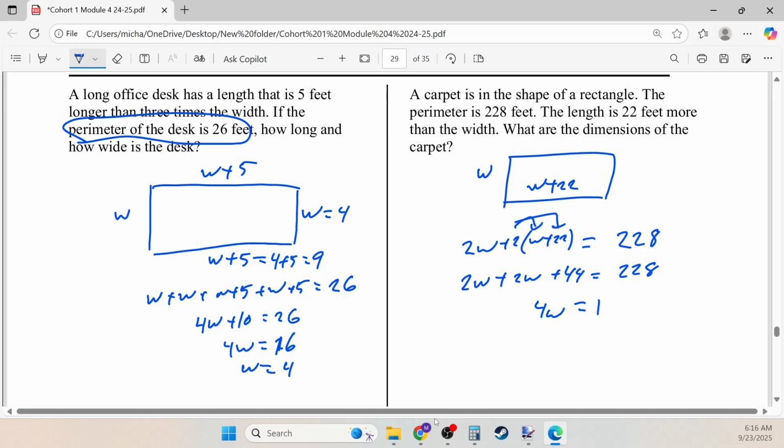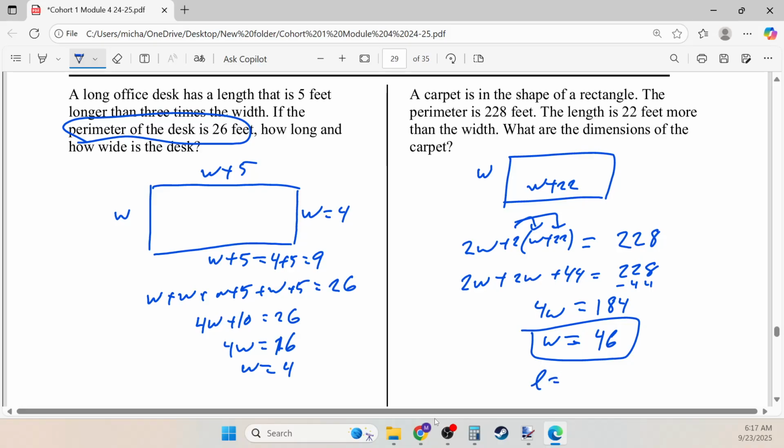We get 4W equals 184. 4 goes into 18 4 times with 2 as the remainder. 4 goes into 24 6 times with no remainder. Width is 46.